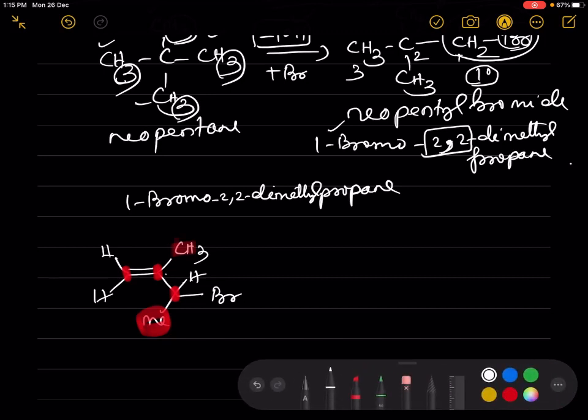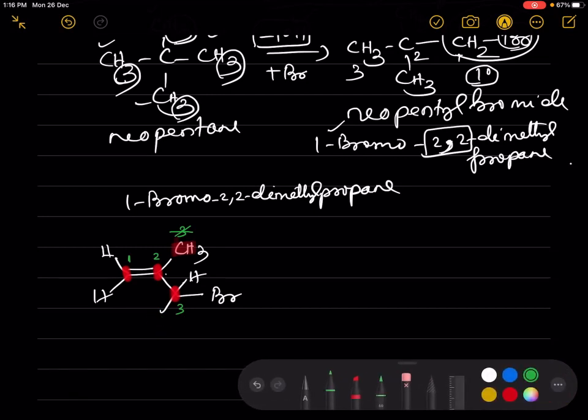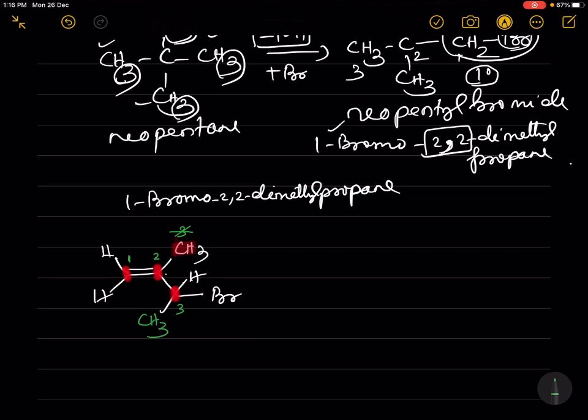Parent chain means this one is number 1 carbon, number 2, whether it is number 3 or this one is number 3. Obviously this one is not number 3, this one is number 3. Then this Me means one CH3 group is there, so this is number 4.